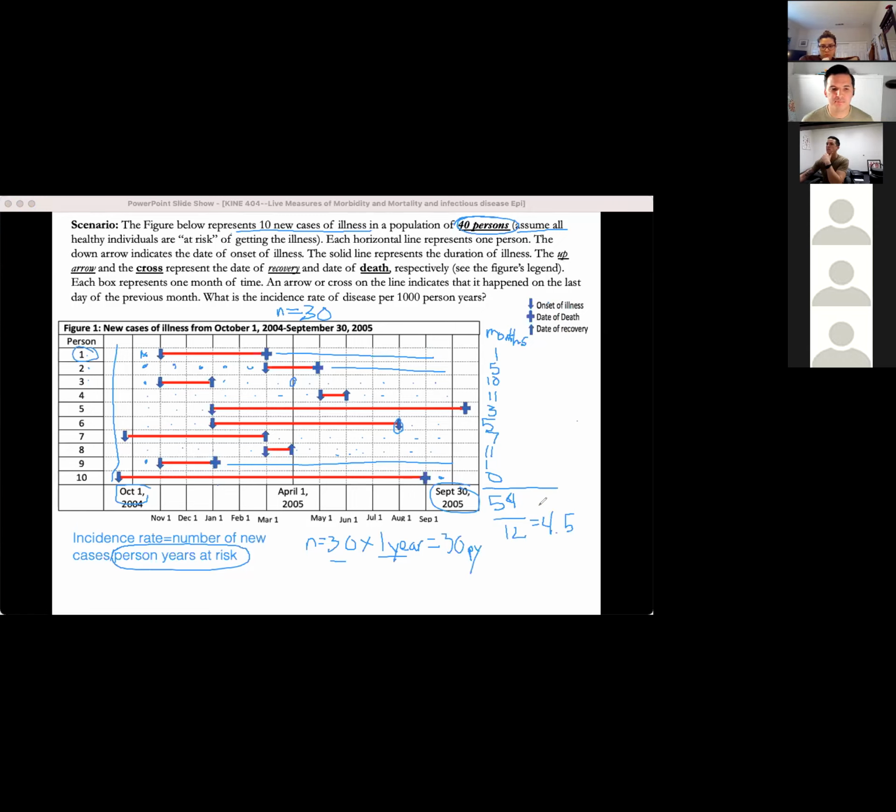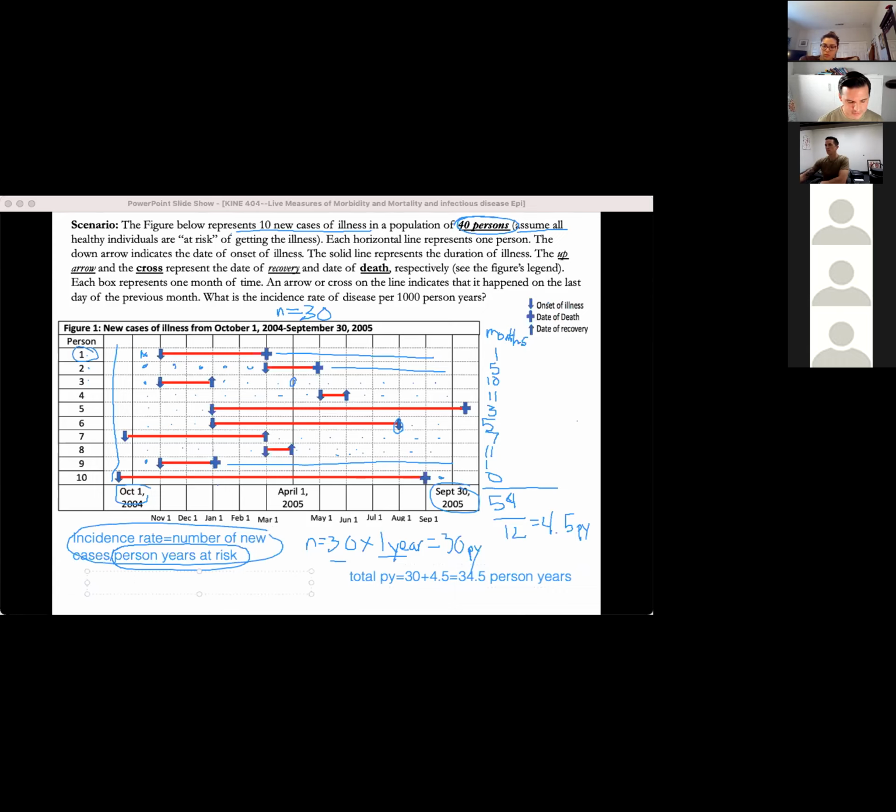So that is the amount of person years that these 10 people contribute. And then I have 30 person years that those other 30 persons contributed. So in order to get total person years, I need to do 30 plus 4.5, and that equals 34.5 person years. Now that becomes my denominator for my incidence rate calculation, which, if you remember, is the number of new cases over person years at risk.